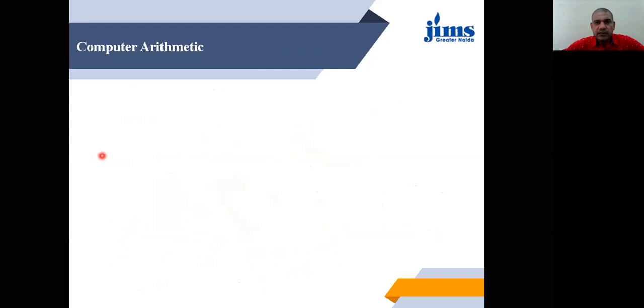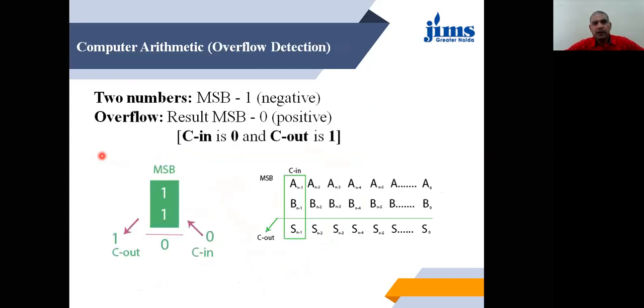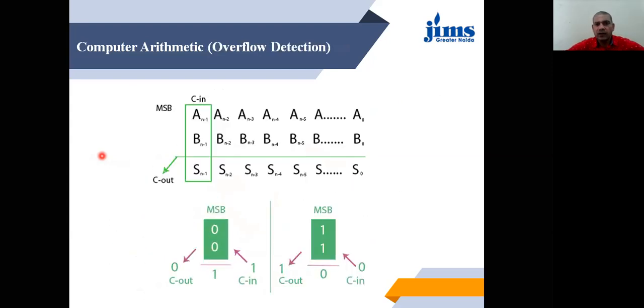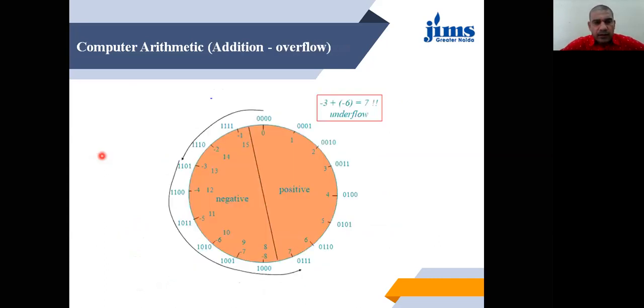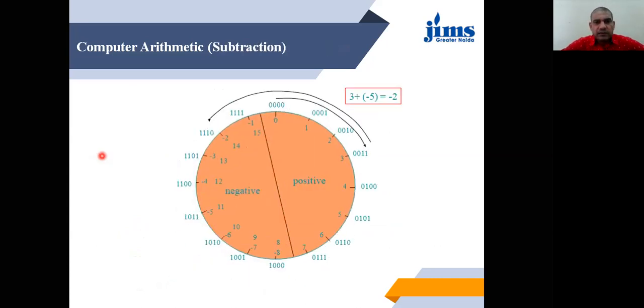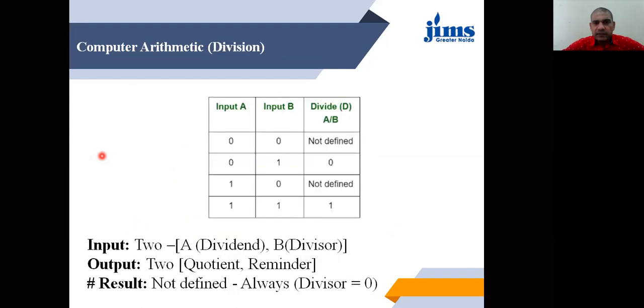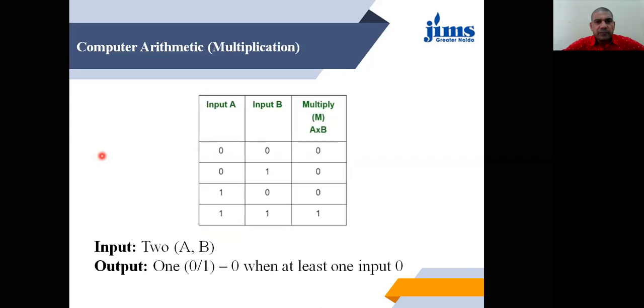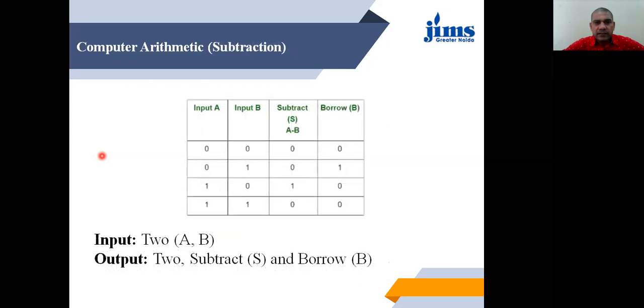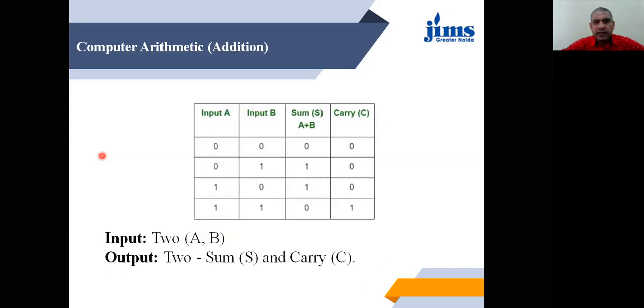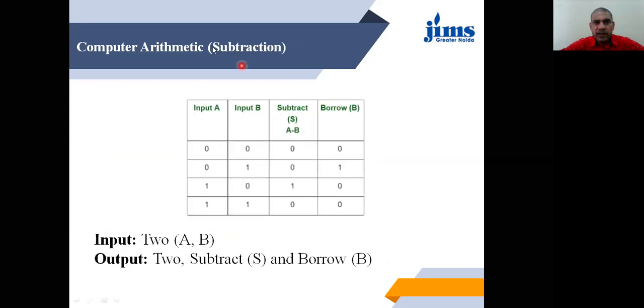So in today's lecture we discussed the rules of arithmetic operations, those are addition, subtraction, multiplication, and division. In case of addition, there are two outputs, sum and carry. In case of subtraction, there are two outputs, subtraction and borrow.